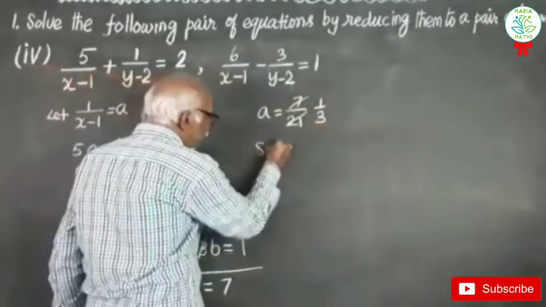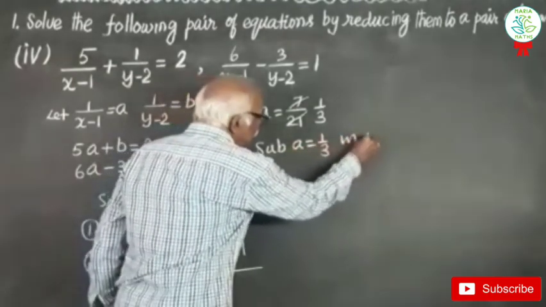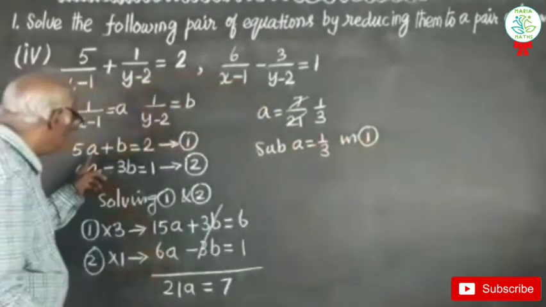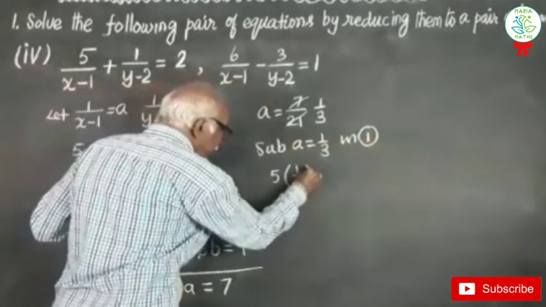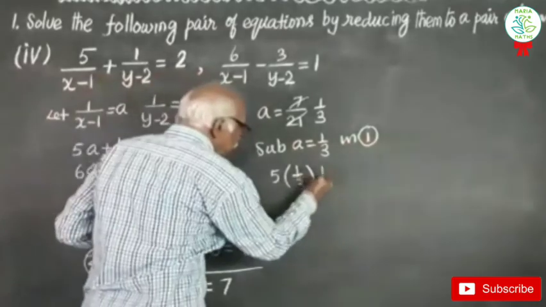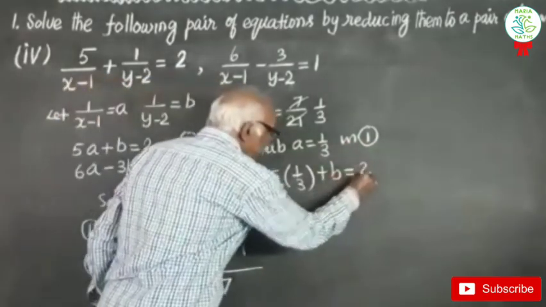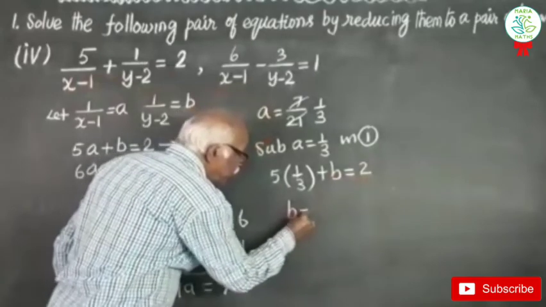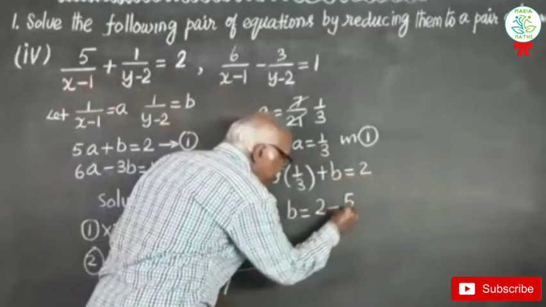Substitute a equal to 1 by 3 in the first equation. 5 into 1 by 3 plus b equal to 2. b equal to 2 minus 5 by 3.